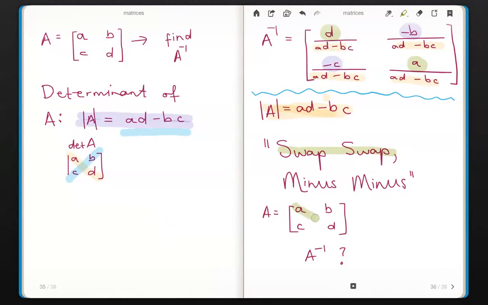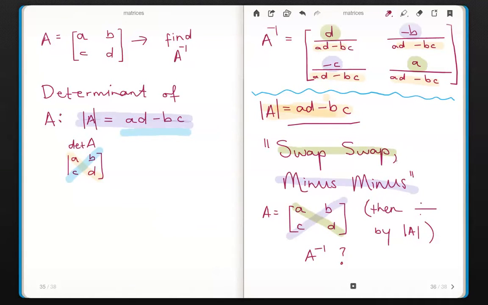My first diagonal, I swap them. And minus, minus: my second diagonal, I make them negative. Then I divide all of these by the determinant of A, which is AD take BC. That might have felt like a lot of information, but swap, swap, minus, minus got me through year 12 maths.